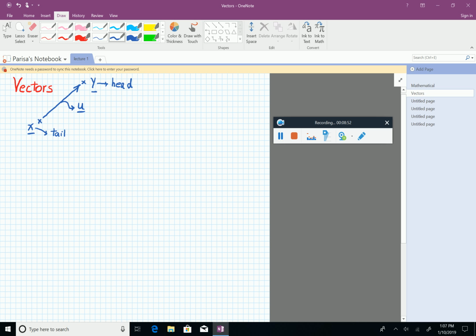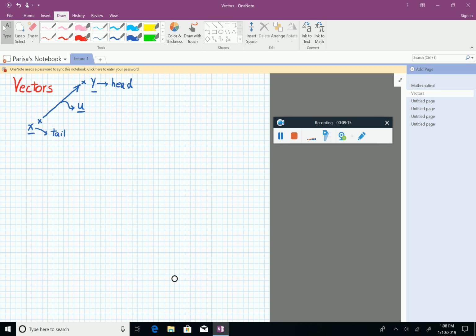and let's call this vector U. So we use the same notation for points and vectors, and this is somewhat convenient from many aspects, and the context tells us if we are talking about a point or a vector.